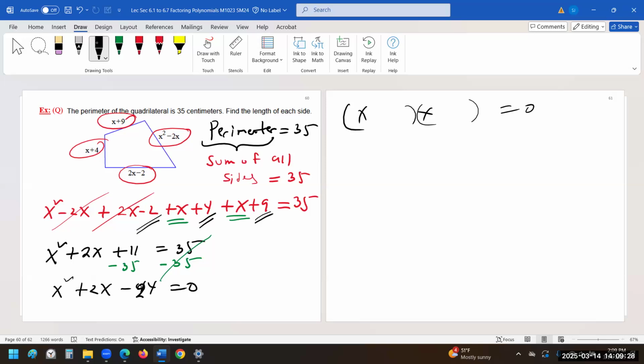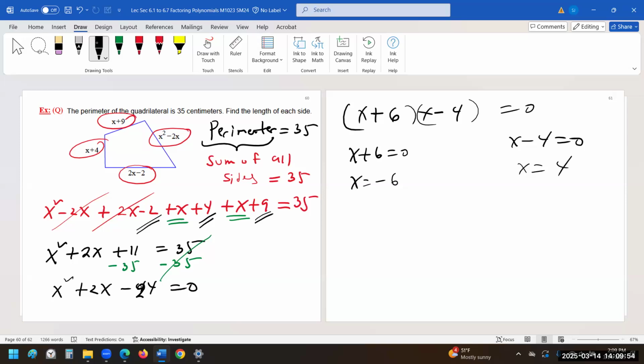No. 6 and 4. 8 and 3 are not going to give us 2. So 6 and 4. The signs? Positive 6 and negative 4. So we have x plus 6 equals 0, x minus 4 equals 0, x is negative 6, x is positive 4.